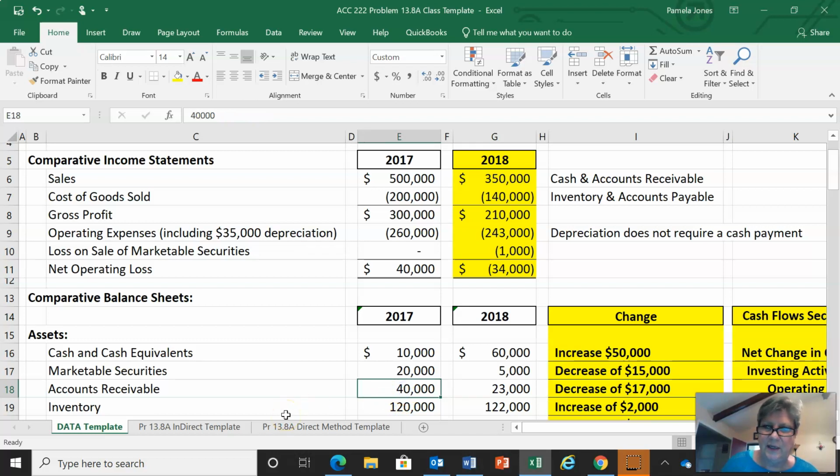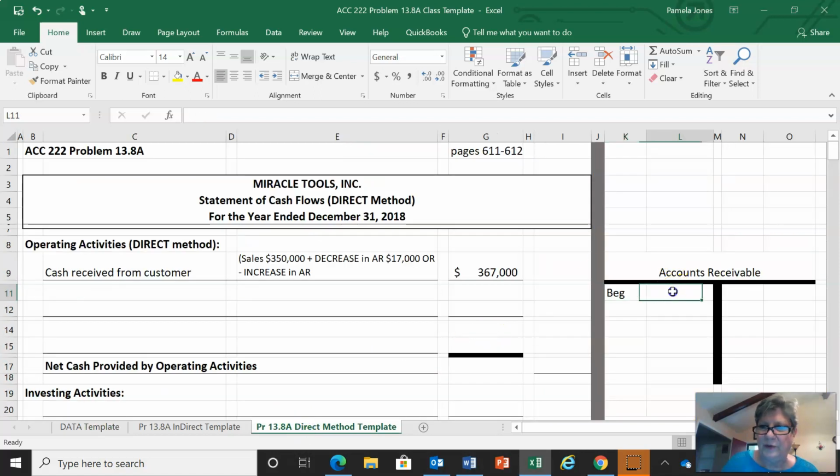Last year's ending is this year's beginning. So the beginning was $40,000. We know what sales was, and assuming all sales were on account, those sales would be debited to accounts receivable and credited to sales. So we debit accounts receivable for $350,000.